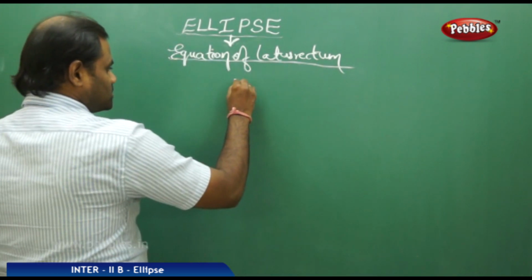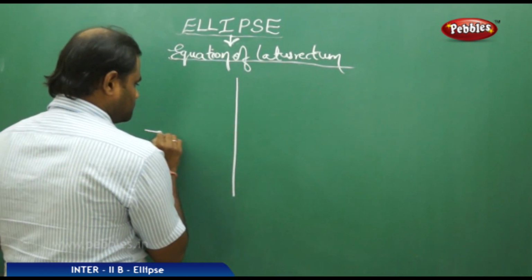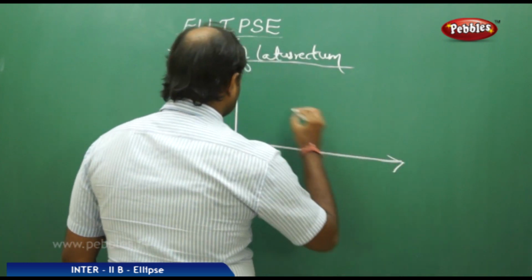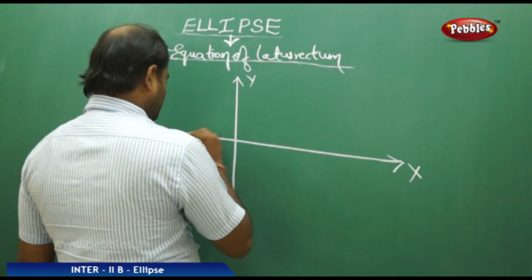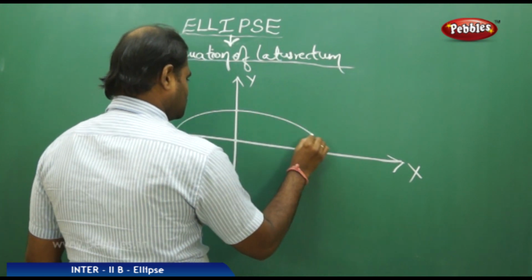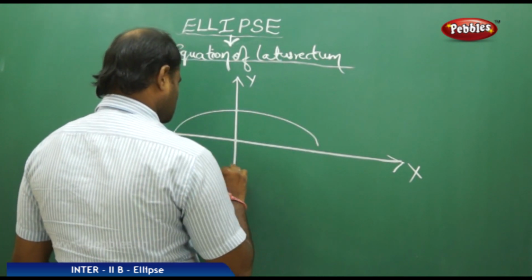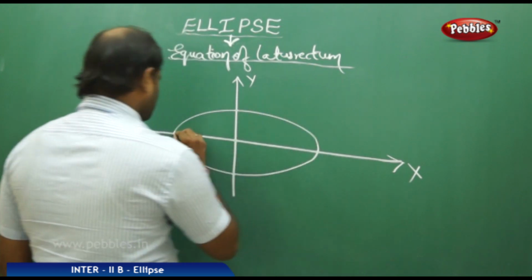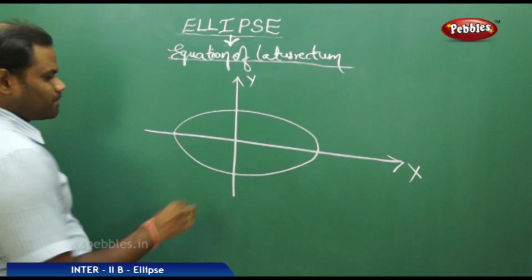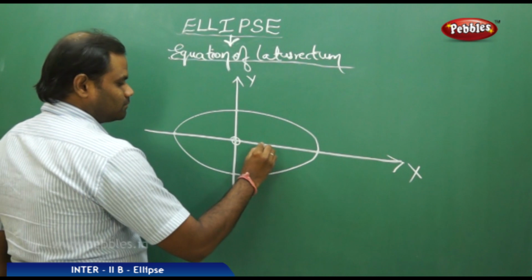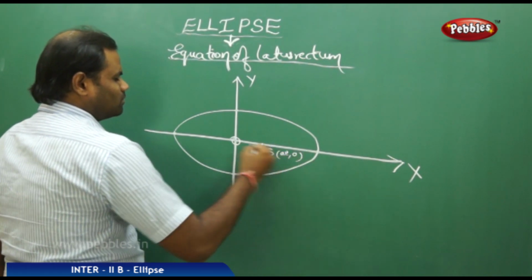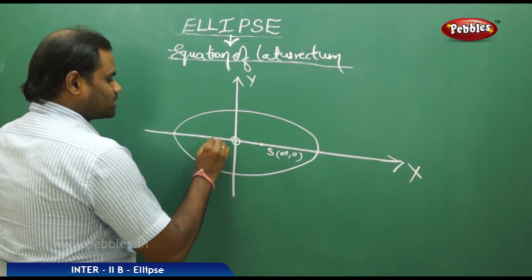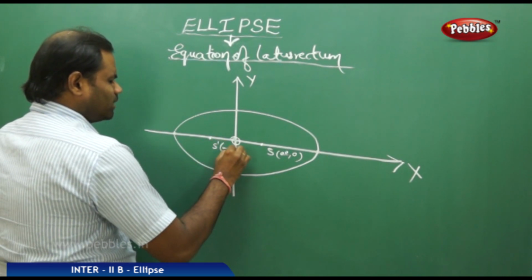So in this case, I have an ellipse with X and Y axes, and we have the latus rectum through (ae, 0) and another latus rectum through (minus ae, 0).